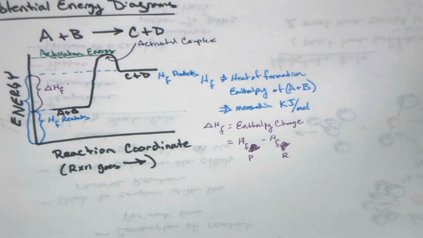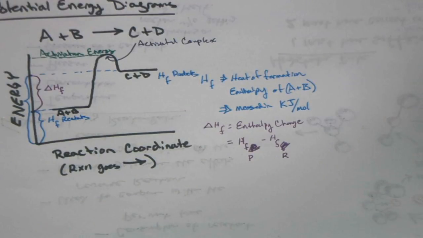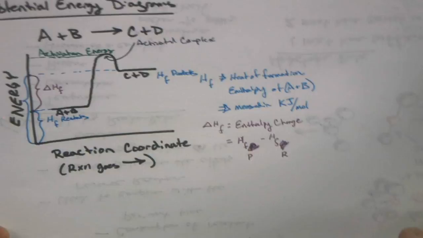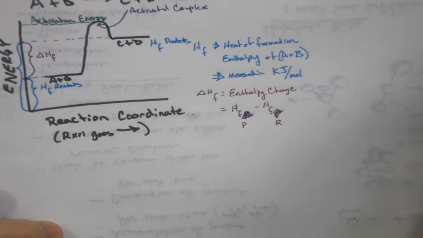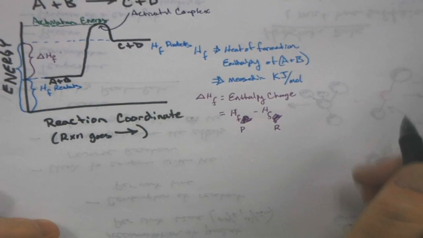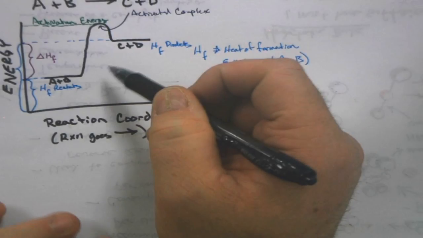Now, you guys have seen this before. What do we call a reaction that absorbs energy from its surroundings? It brings it in, so it would be endothermic. Oh, you guys remember that? Yeah, endothermic. This is what an endothermic reaction looks like on an energy basis.